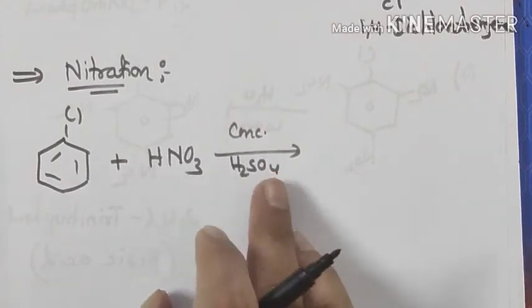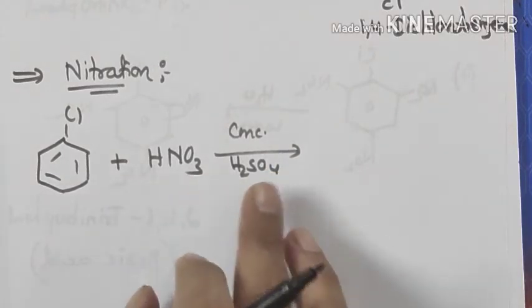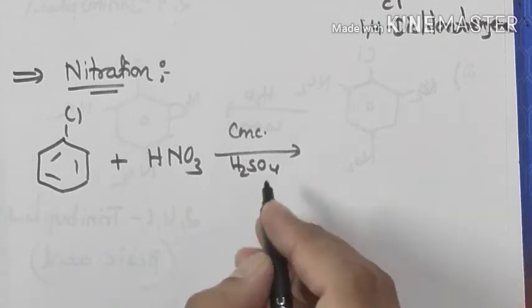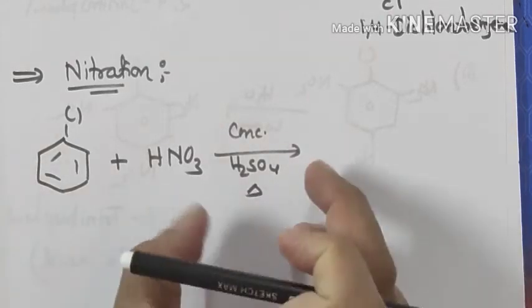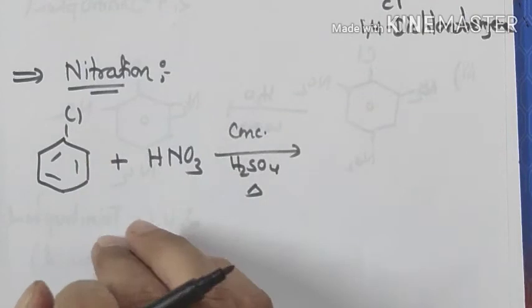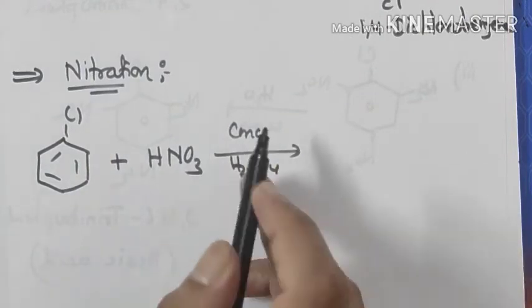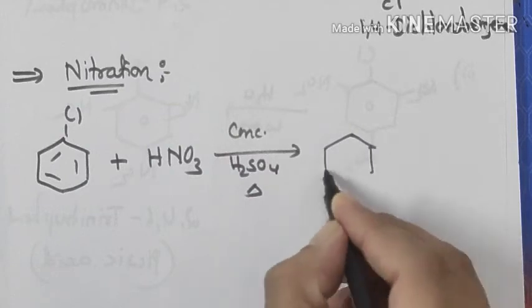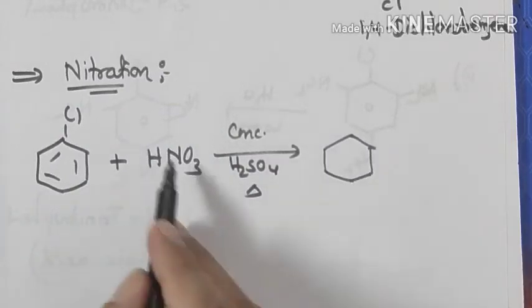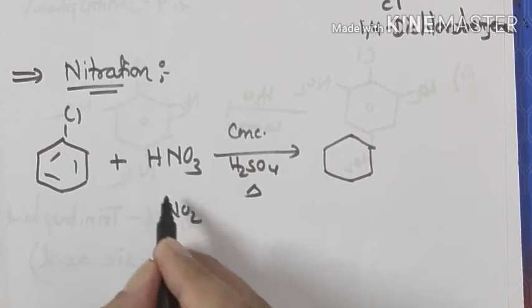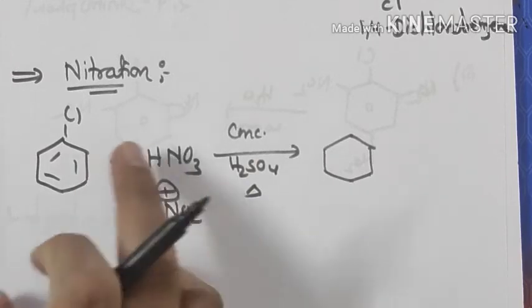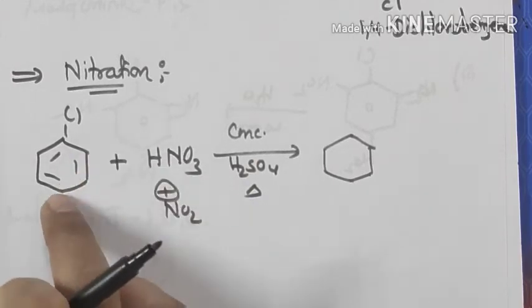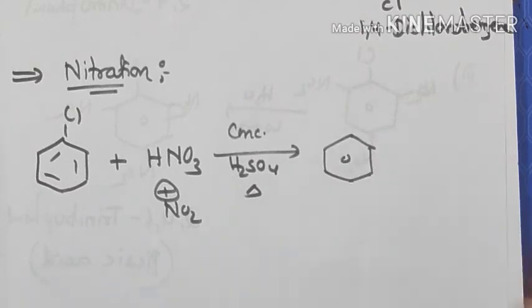This is needed, student, and this combination is called the nitrating mixture. If you remember, we have done this in 11th. When we treat this, what is formed? A nitro group is formed, that is NO2 plus. This NO2 plus attacks either the ortho or the para position or both, right?